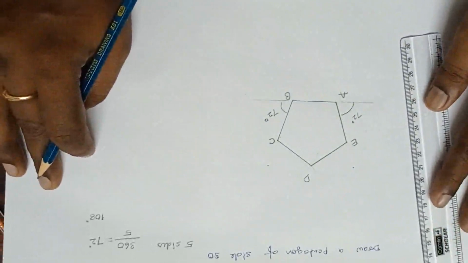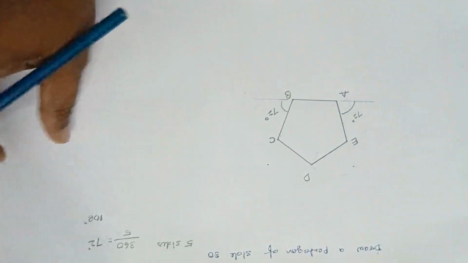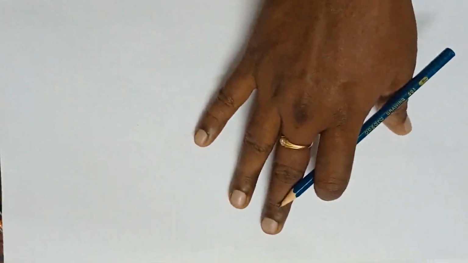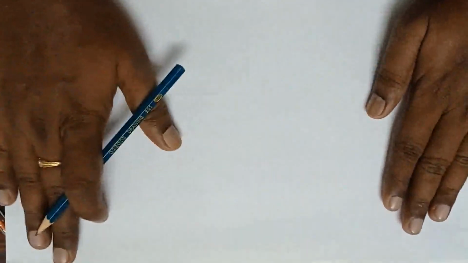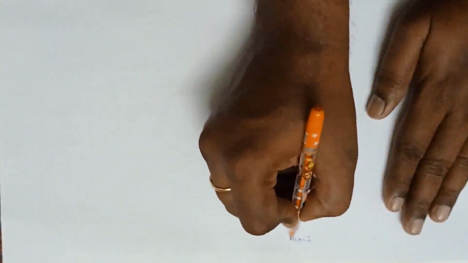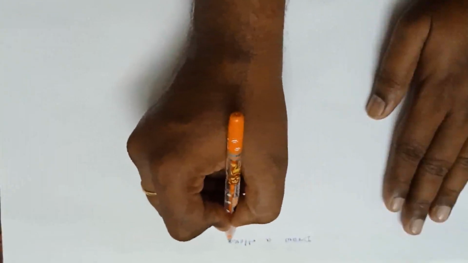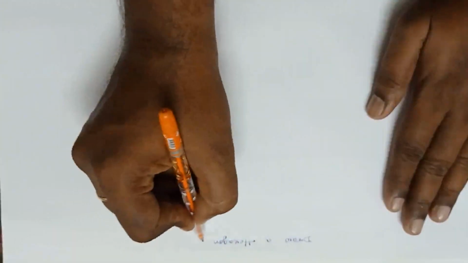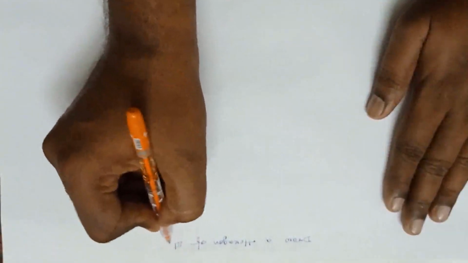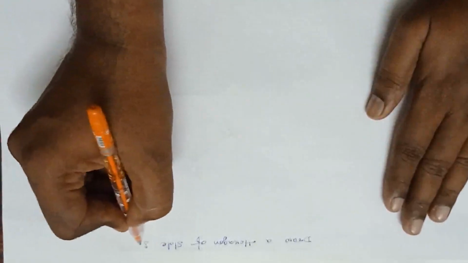Done. Let us come to the hexagon. Okay, now draw a hexagon of side 30 mm.